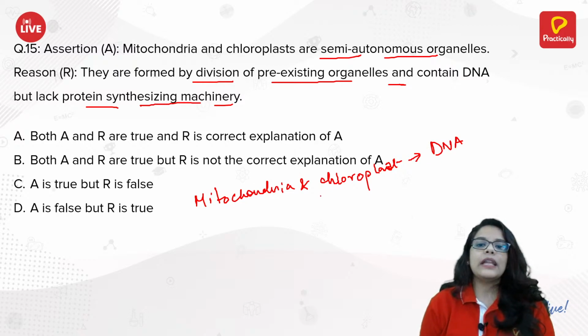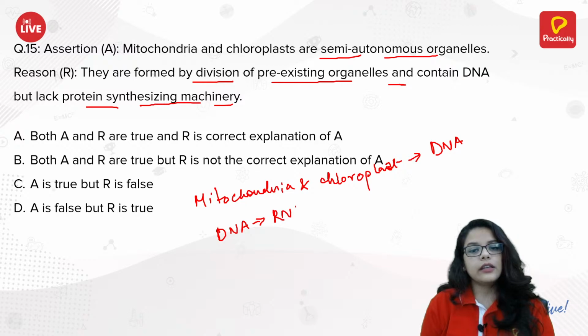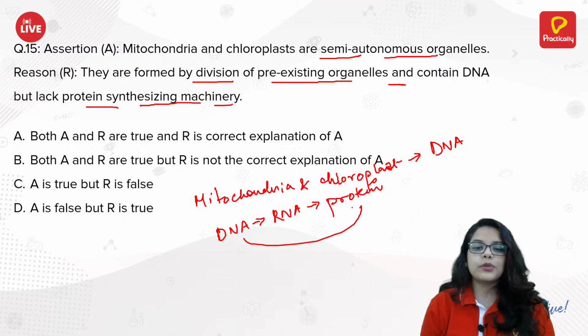When they have DNA, they'll have RNA, they'll have protein also. So they are somehow processing protein also. That is why mitochondria and chloroplast process proteins.